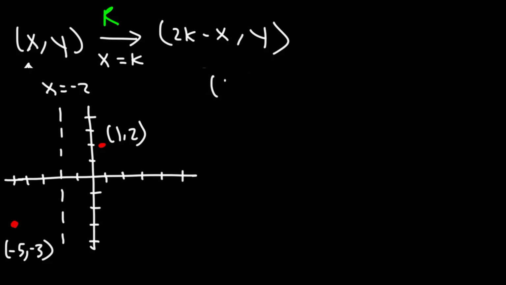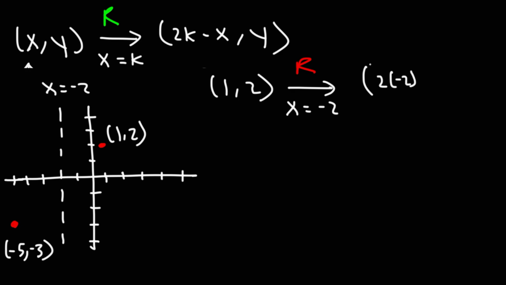So let's start with the point (1, 2). We want to reflect it over the line x equals -2. So k is -2. So it's going to be 2 times -2, let's use brackets, and then minus x.